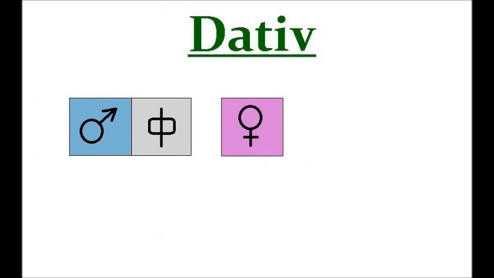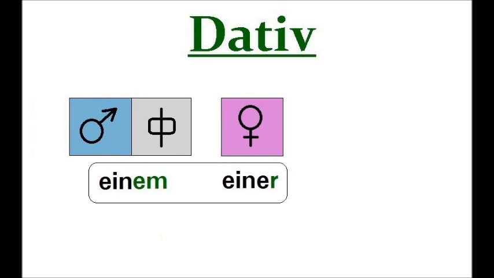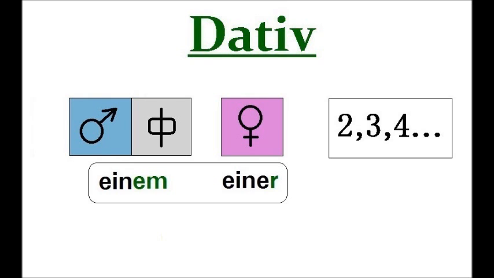The dative article for male and neutral is einem. And the female article is einer. You see, the ending is the same as with the definite article. By the way, if you use the plural, remember that you have to add the n if it's the dative case.